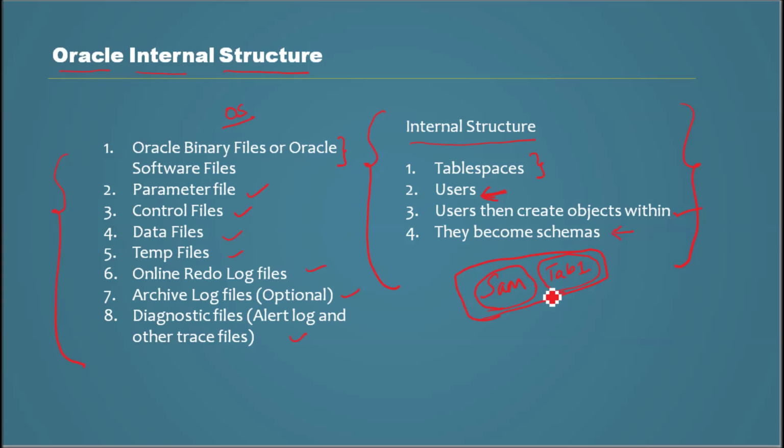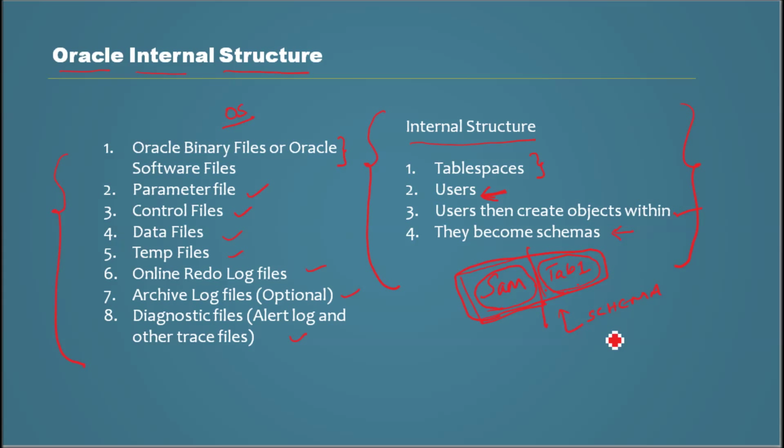So before creating any object, I was just a regular user, Sam, right? And then after creating an object, since I own an object, I created a table, I can also be called a schema.